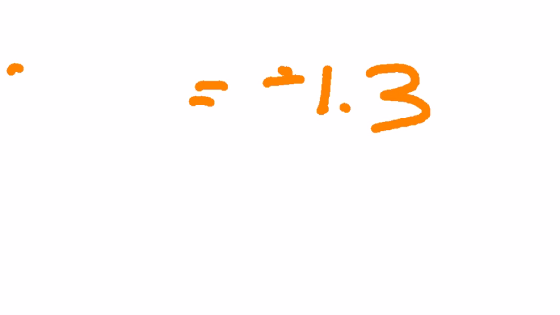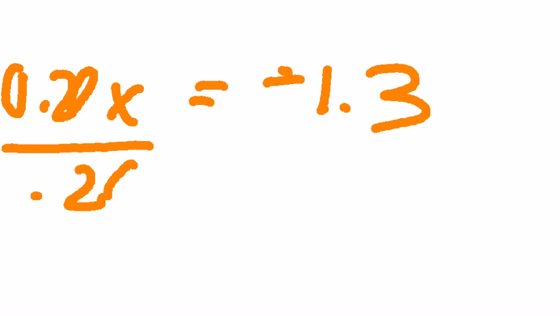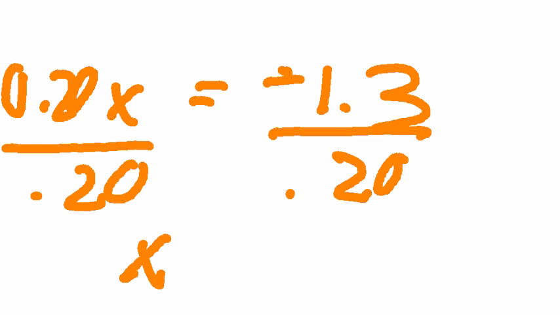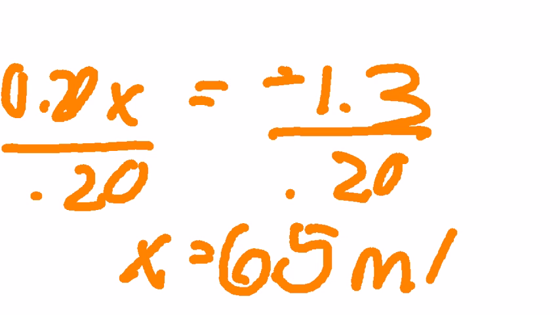When you combine 0.78 and negative 2.08, you're going to get negative 1.3. And on the other side of the equation, going to be 0.20x. So you're going to divide both sides by 0.20, which is going to give us x equals 6.5 meters per second. There you go. There's your answer.